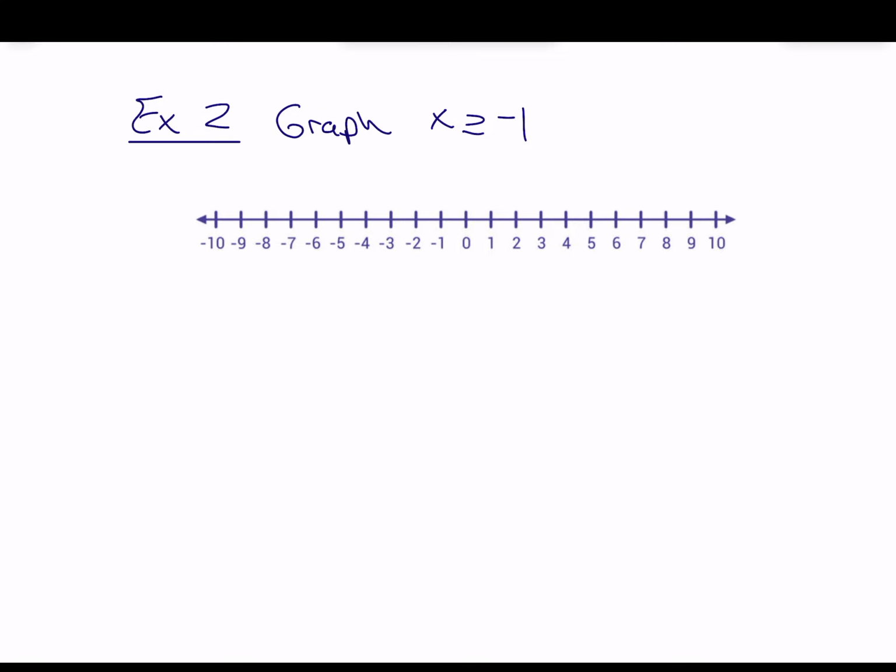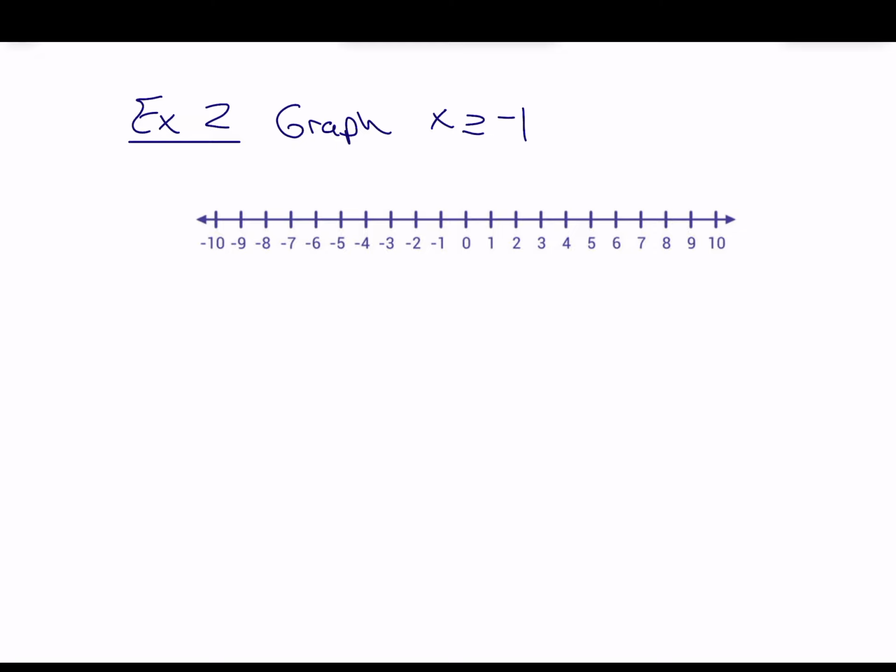In example 2, we want to graph all the x values greater than or equal to -1. So in this case, we're going to start at -1, and we want all of the numbers that are greater than or equal to -1. So first question we ask, is -1 included? And the answer is yes, because we have greater than or equal to.